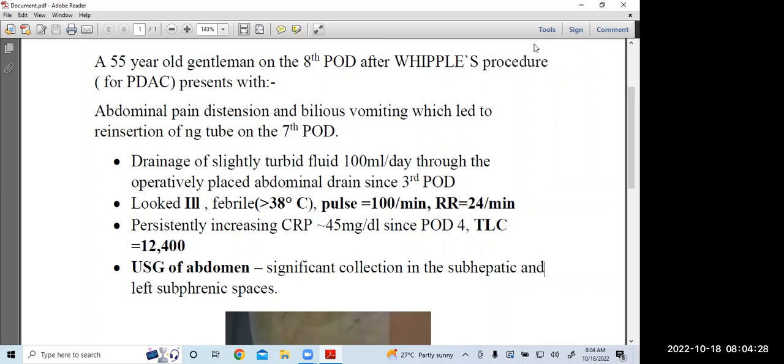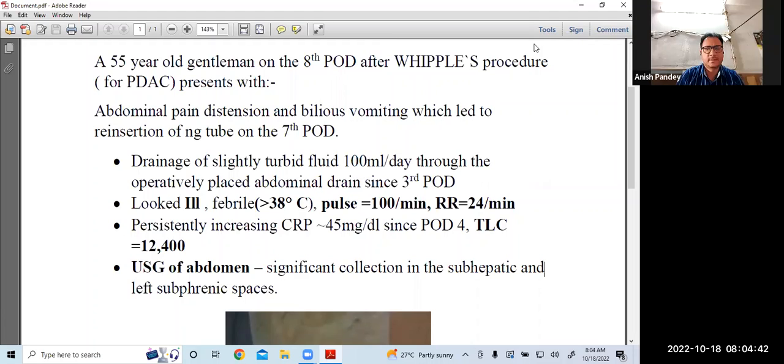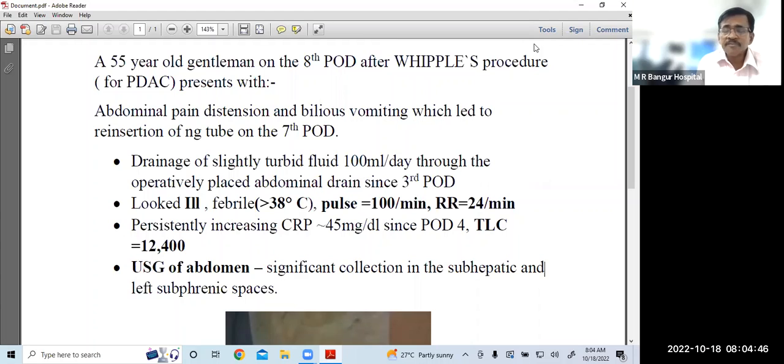Yes. So with these two things in the background, would you like to rephrase your diagnosis? Only a pancreatic fistula, or pancreatic fistula with sepsis? Sepsis, sir.